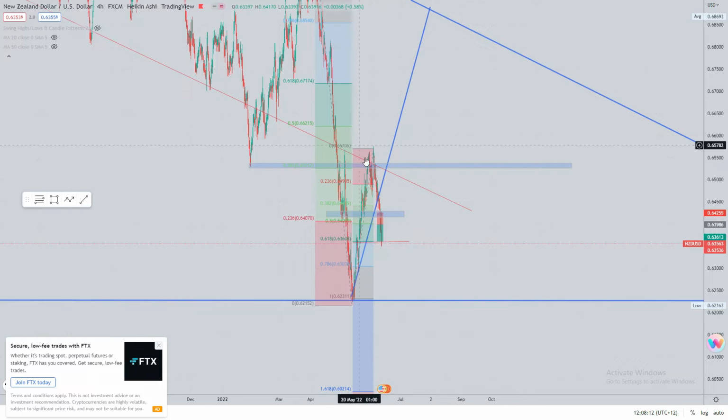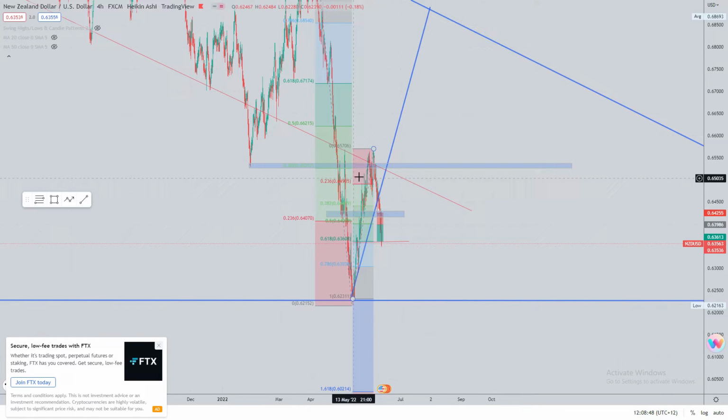So I saw that the trend pulled back around this region. What we have here is 0.382. I watch for the market to react around 0.382, 0.50, or 0.618. So those are the 3 points I look out for.